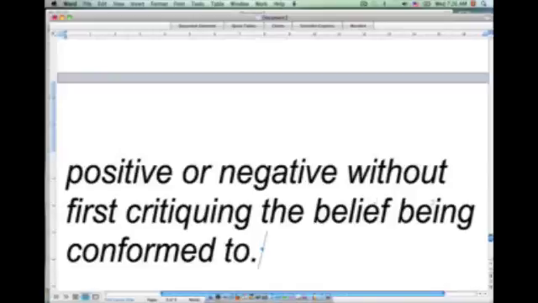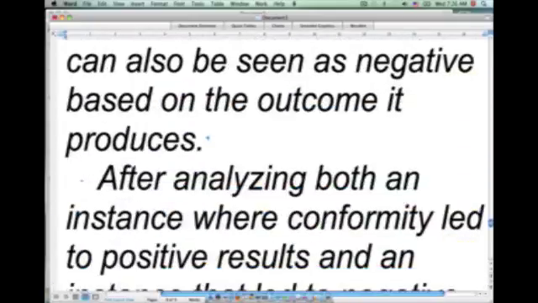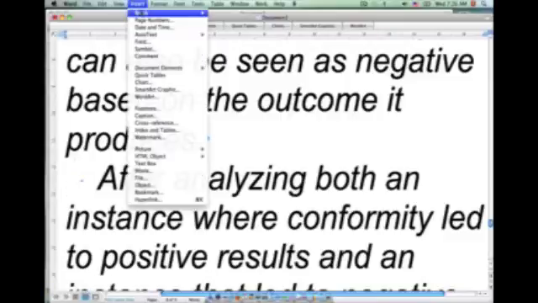And let me get that onto one page. Okay.